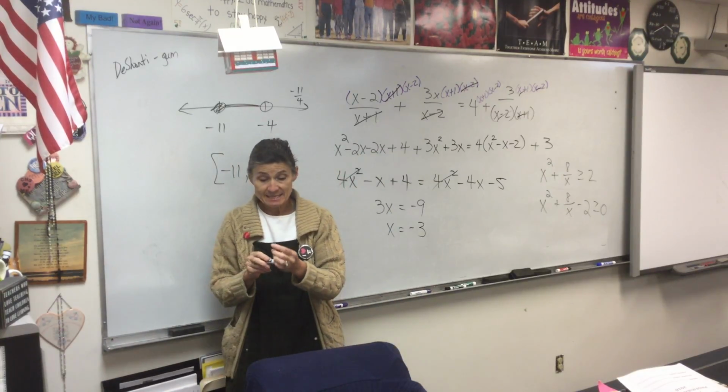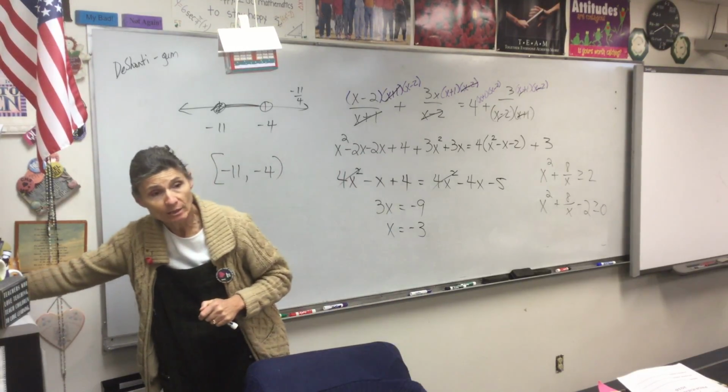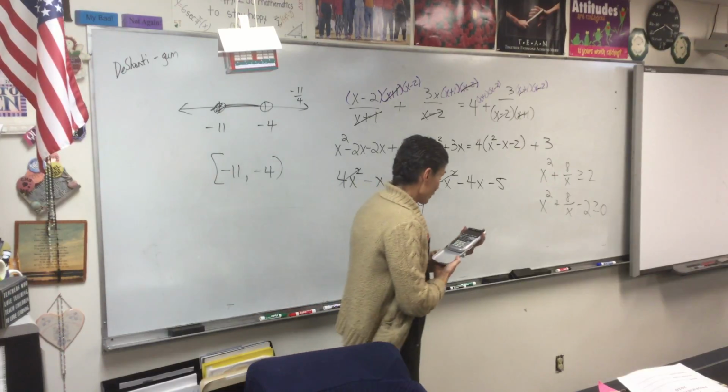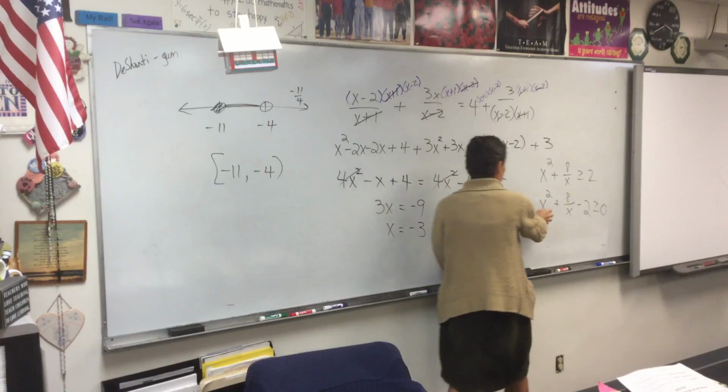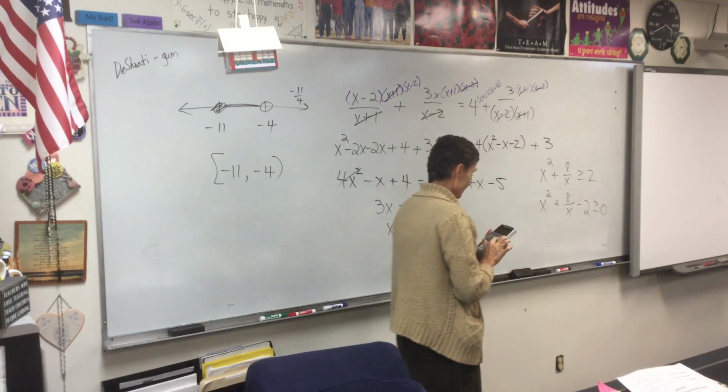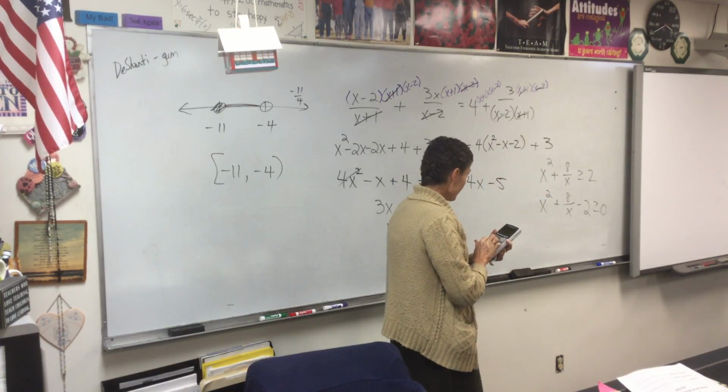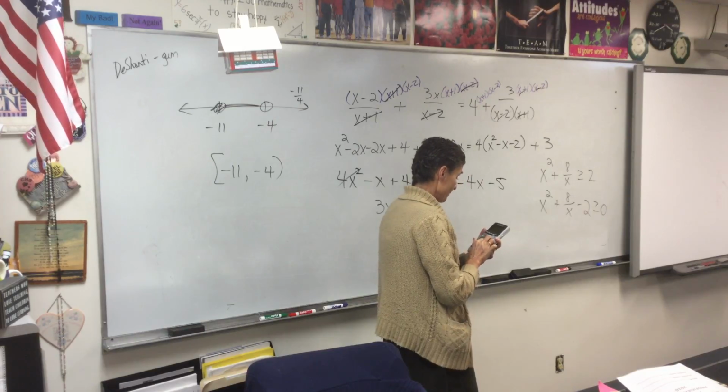Now, in a standard window, leave your window standard, we're going to go ahead and type this equation in. Type in this exact equation right here. So x squared plus 8 divided by x minus 2.